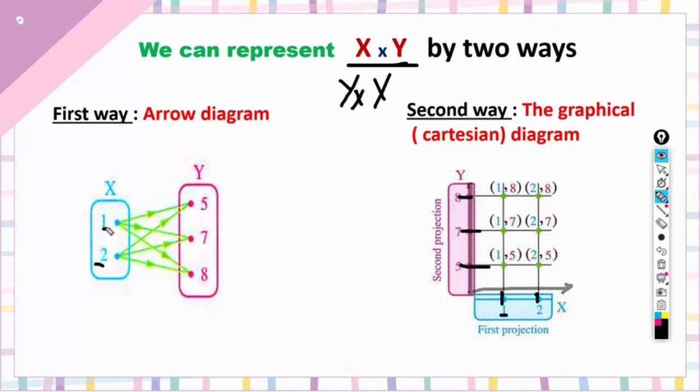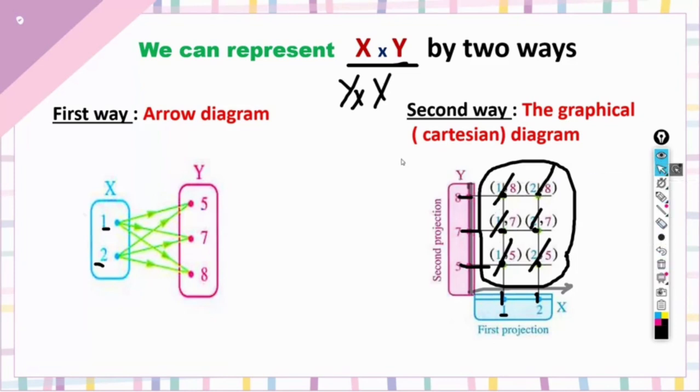Our ordered pairs consist of 1 and 5, 1 and 7, 1 and 8. Second element, 2 and 5, 2 and 7, 2 and 8. Look at this figure. It consists of 6 ordered pairs: 1, 2, 3, 4, 5, 6. Do you understand? Great job.